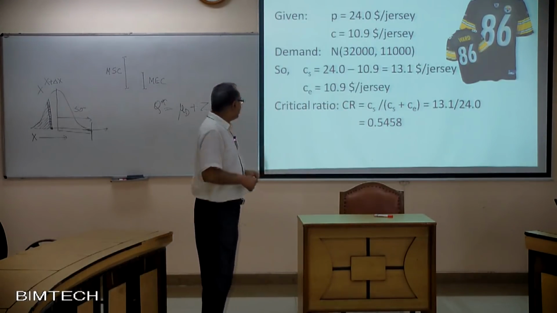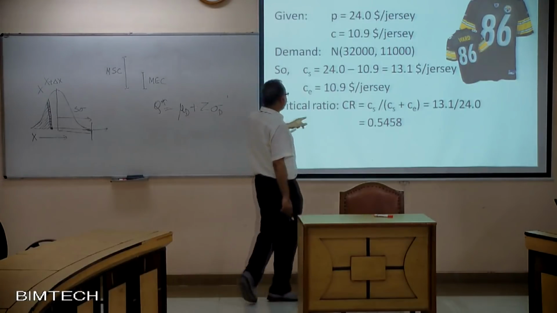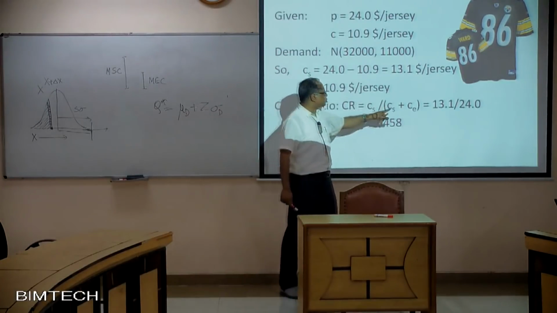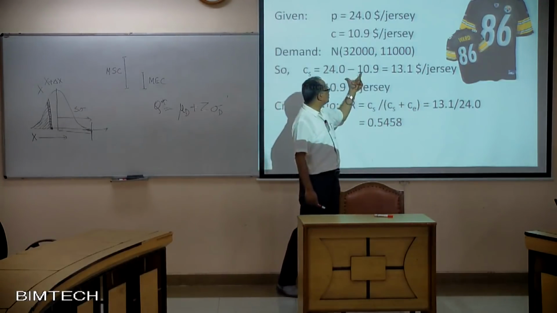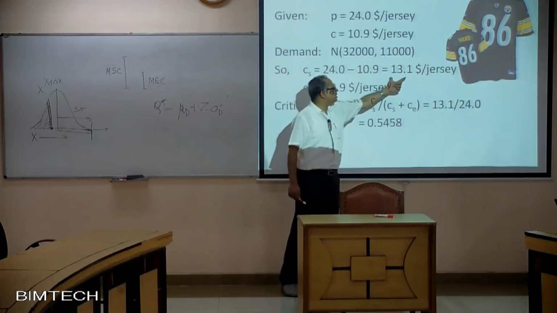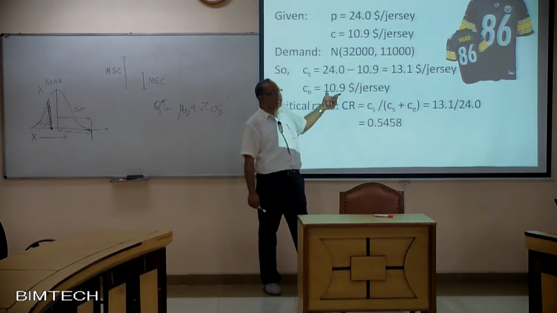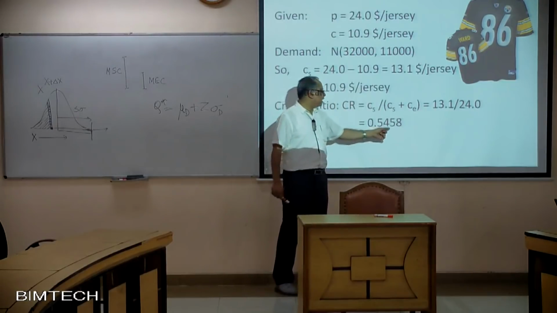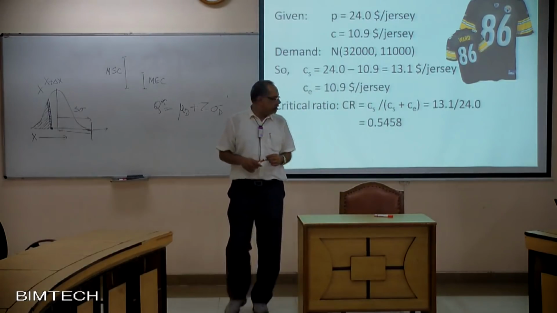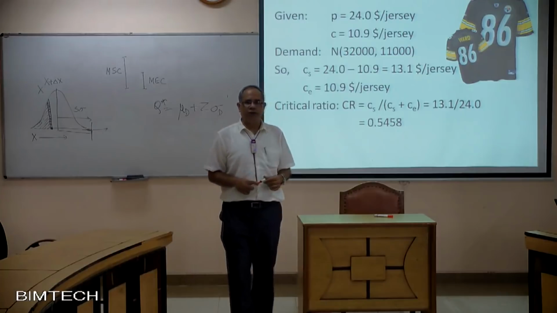Very, very simple. We use these two to calculate our critical ratio. So that is 13.1 divided by 13.1 plus 10.9. That gives us 24. So we get a critical ratio of 0.5458.